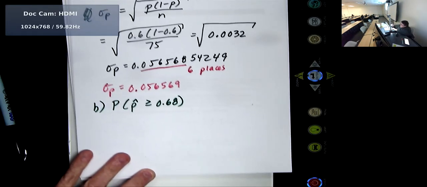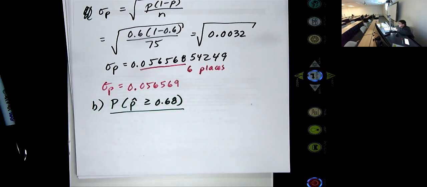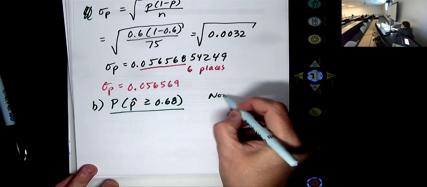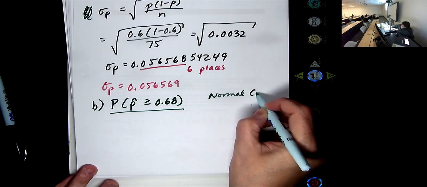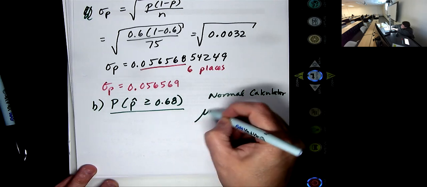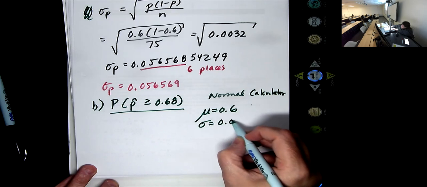We already know it's a normal distribution because that was part A, which means we can use the normal calculator, with mu equals 0.6 and sigma equals what we just calculated.